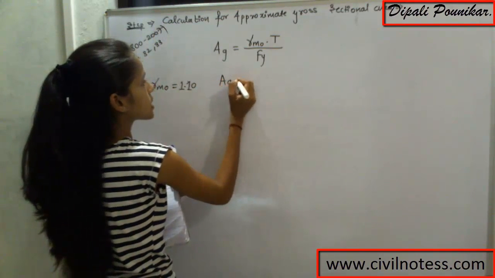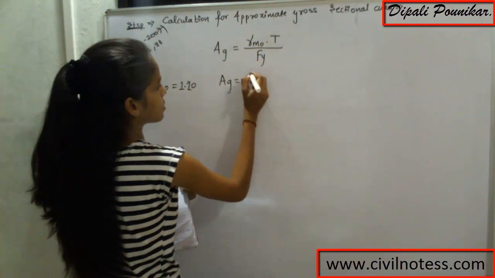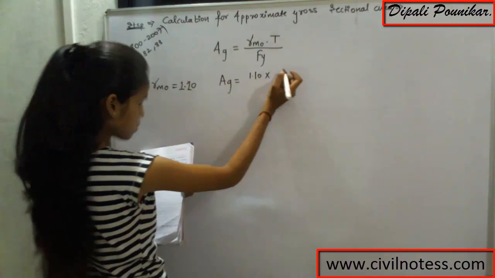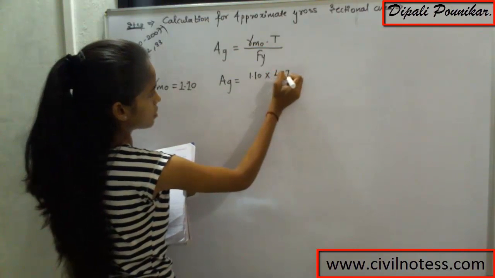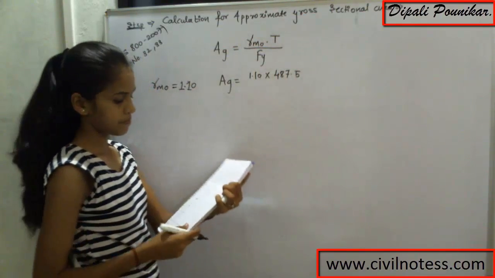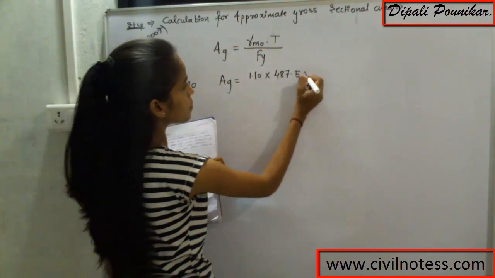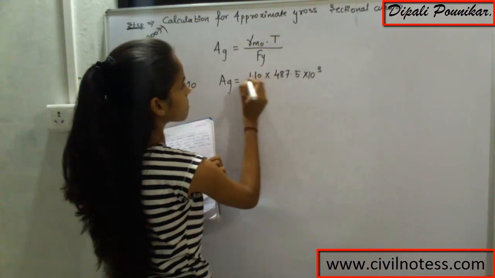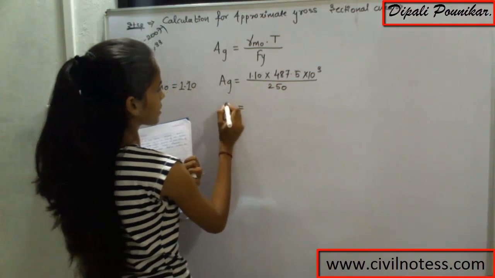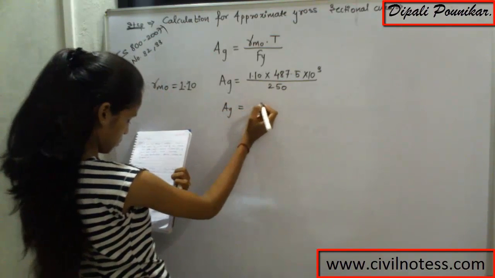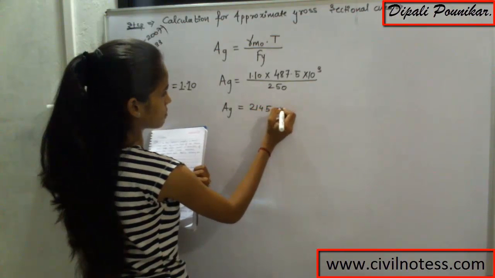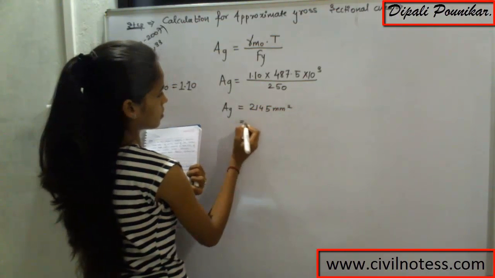So after putting in the known values, 1.10 into 487.5, which is the factored tensile load, we get AG equals 2145 mm square.